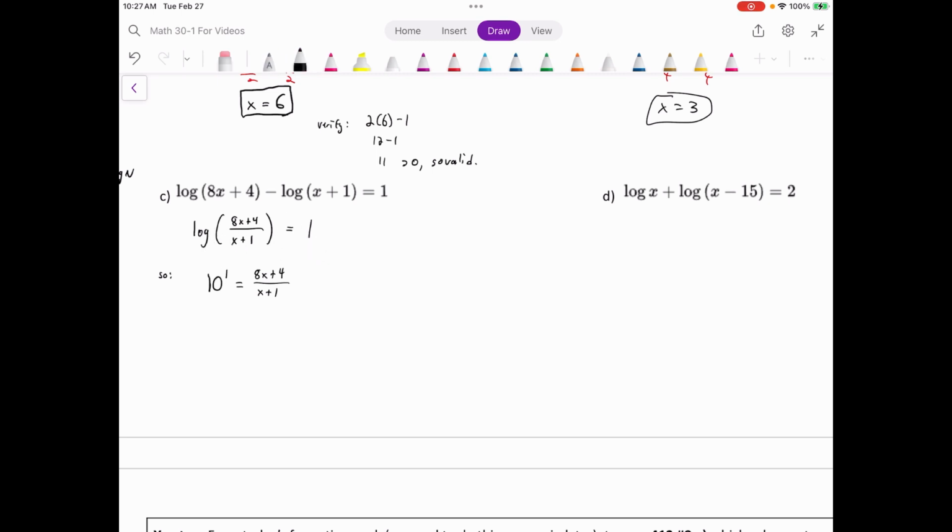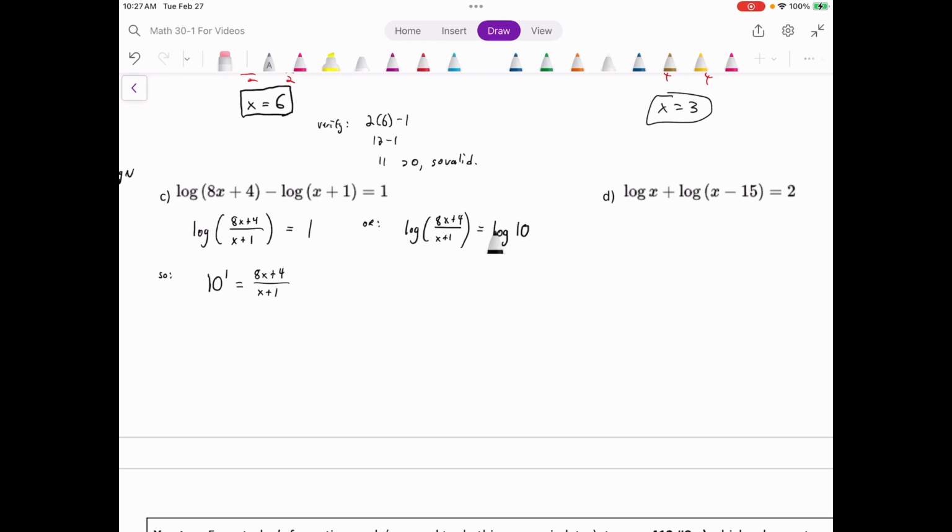We could have said log base 10 of 8x plus 4 over x plus 1. Well, 1 is equivalent to log base 10 of 10, right? Because 10 to the power of 1 would equal 10. So log 10 is just 1, right?